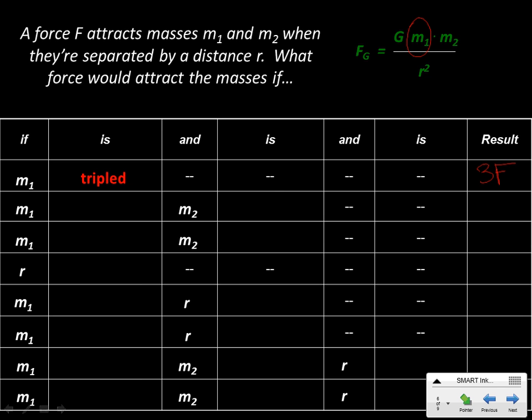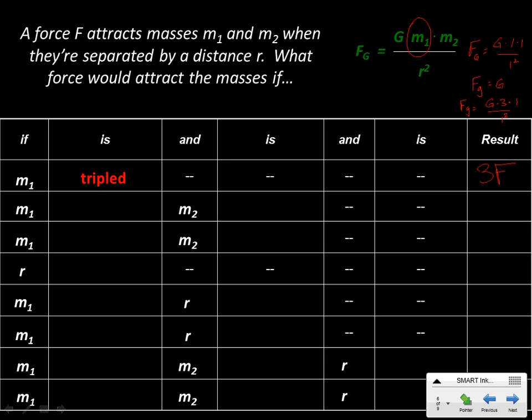Here's what I would do. Let's make everything 1, right? In the first case, F is G times 1 times 1 over 1 squared, well, that's just G. Well, what if I triple one of the masses? Now F is G times 3 times 1 over 1 squared.